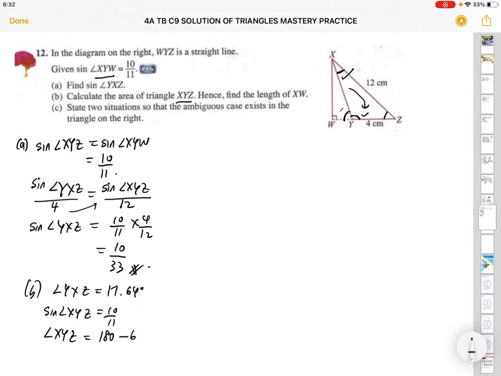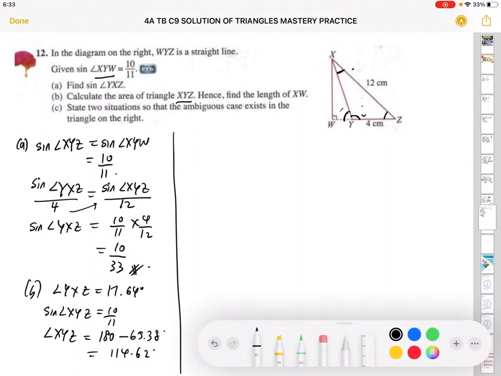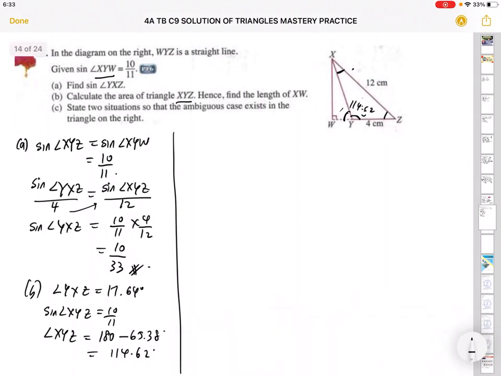So if I know these two angles, let me just show on the graph. I know this is 114.62. I know this angle is 17.64. So to find this angle YZX, or you can say XZY, I'll just take 180 minus 114.62 minus 17.64.